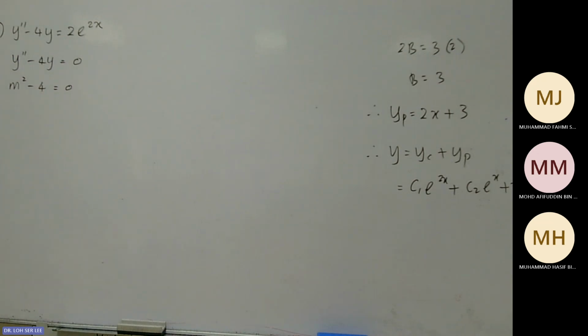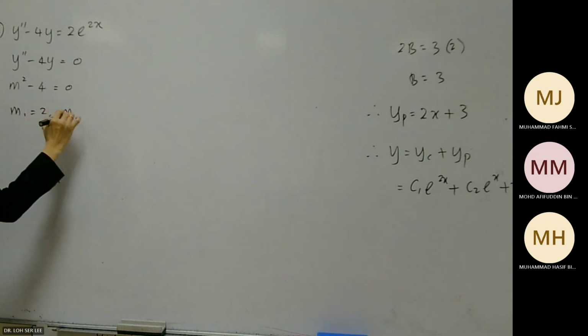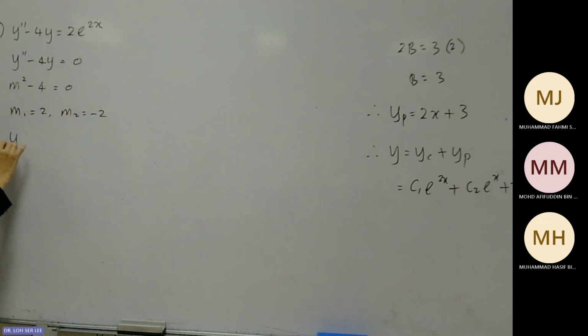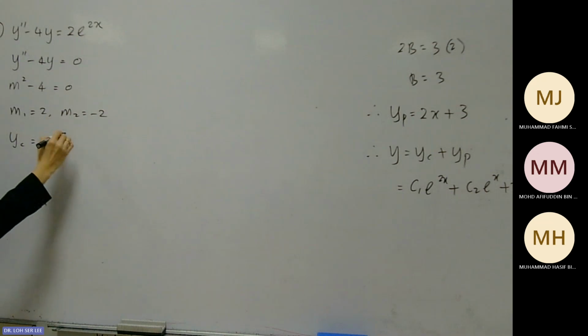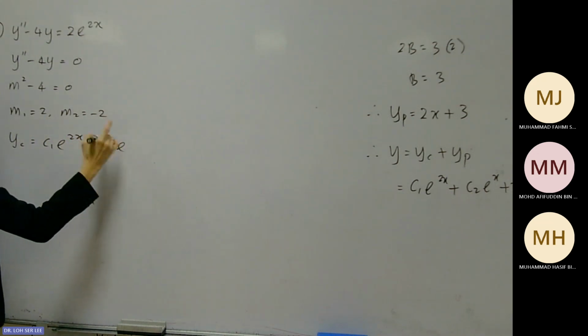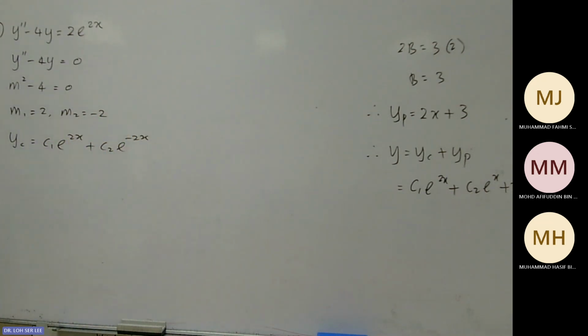Remember this: when there's no y prime, that means no m term. So what are your m values? 2 and -2. So your yc, this is case 1. So your yc will be c1 e^2x plus c2 e^-2x.